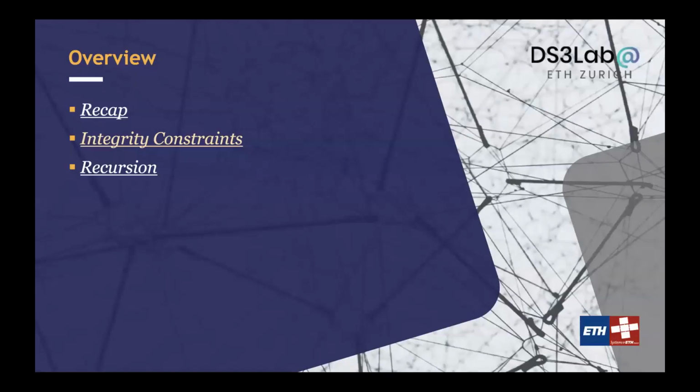So in this lecture, we are going to talk a little bit deeper about constraints and think about a whole bunch of different things that we can try to enforce inside a database system. And then in the second half of the lecture, we are going to switch gears and talk about one limitation that we are facing right now with SQL and how we can fix it by introducing something that we call recursion.